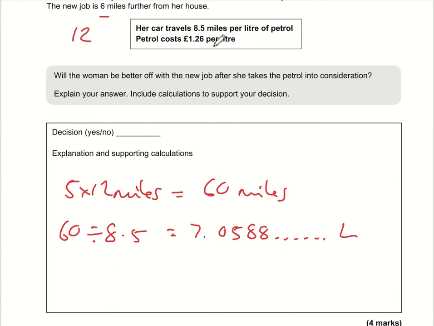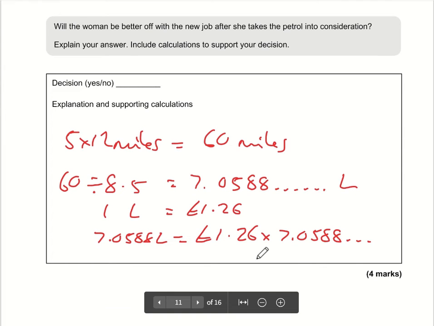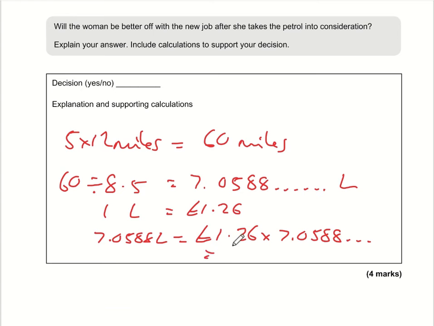So if petrol is £1.26 per litre, if 1 litre is £1.26, then 7.0588 litres is going to be £1.26 multiplied by 7.0588. This value is currently sitting on my calculator, so I don't need to delete it and round it. I'll just keep it exact. Multiply that by £1.26, and I get a total of approximately £8.89.